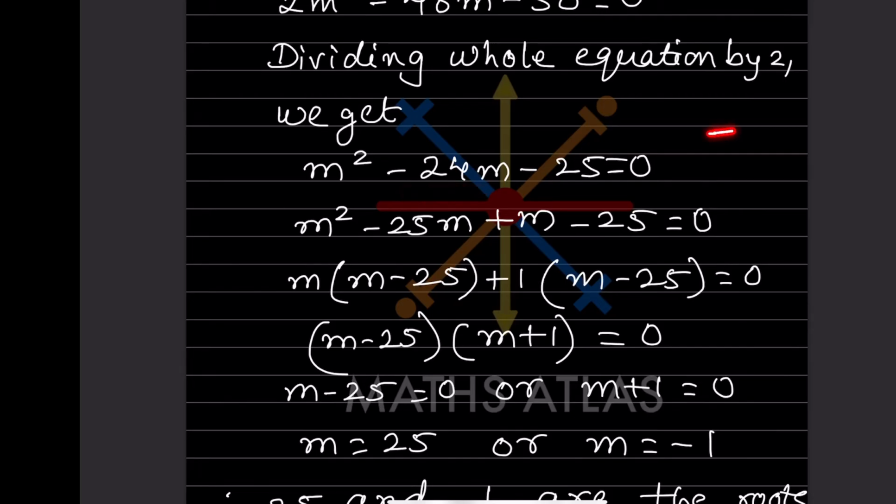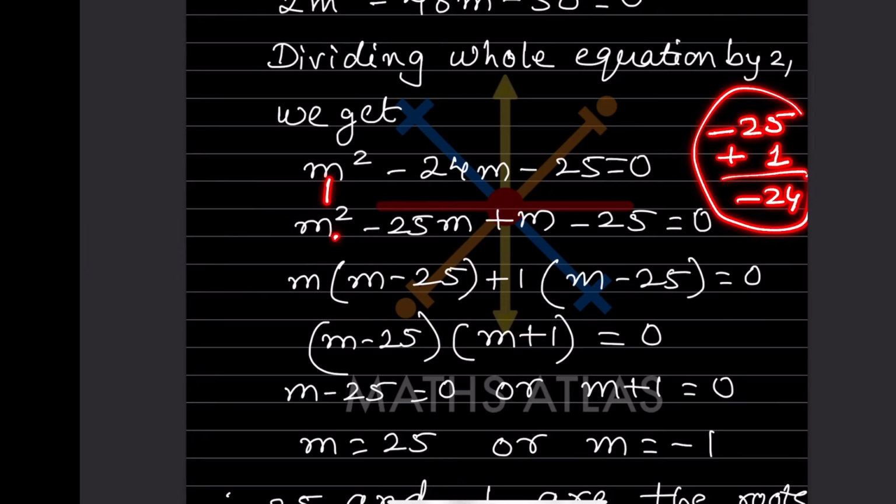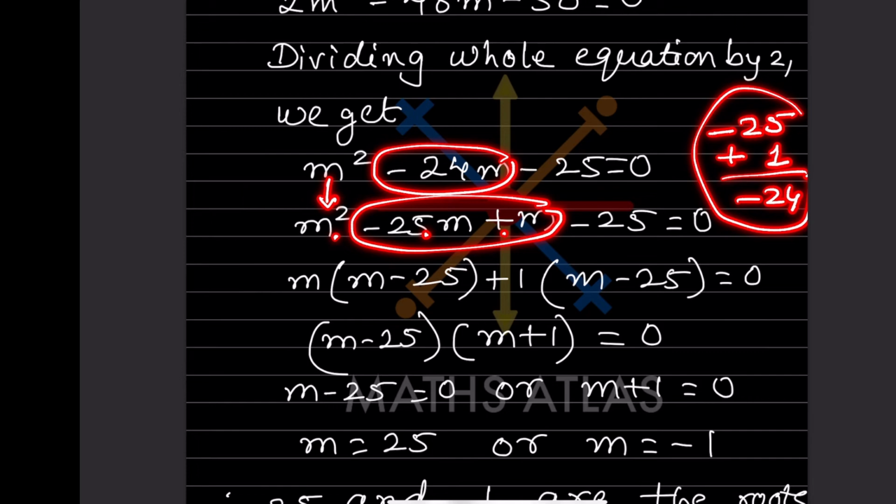So what are you going to do here? Minus 25 plus 1. That is going to be minus 24. Hope this is clear. So now this will be m square minus 25m and plus m. So when you solve this one, you get minus 24 because this is 1 and this is the same.